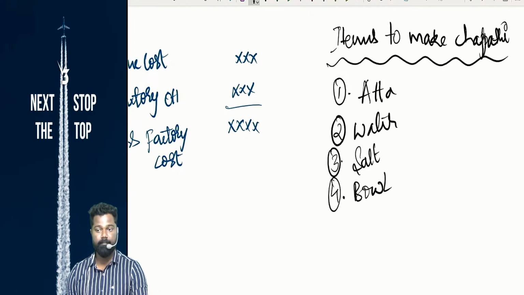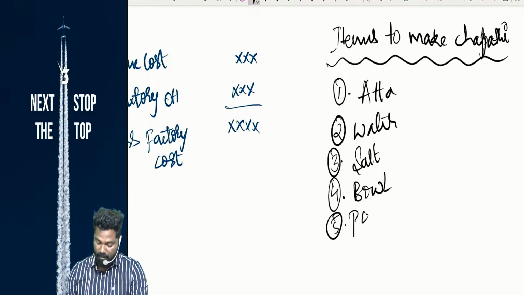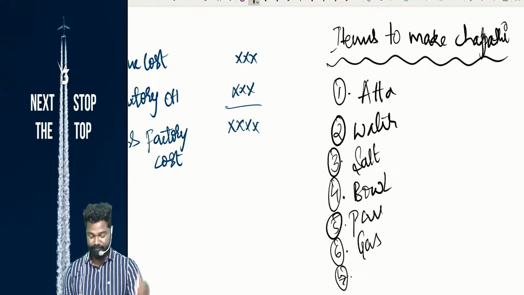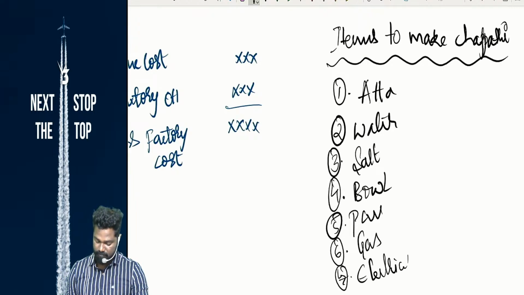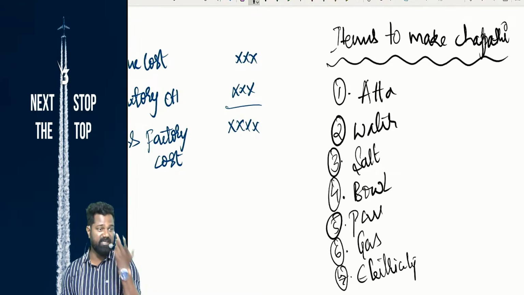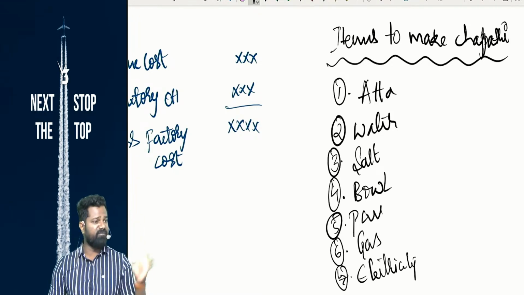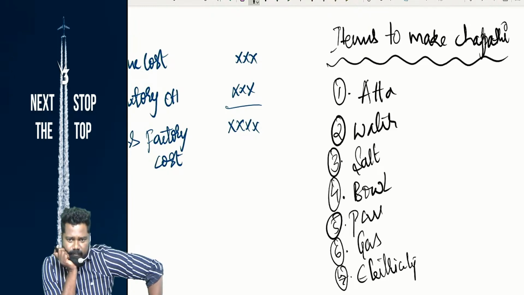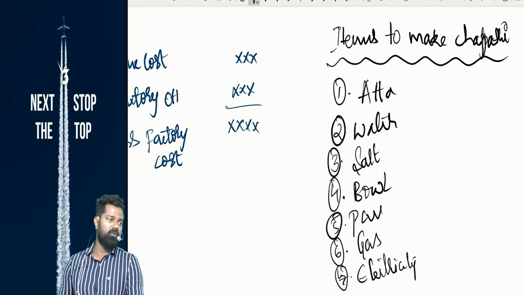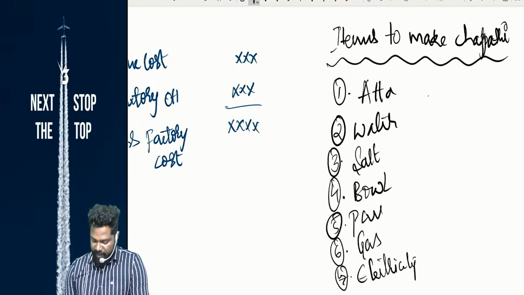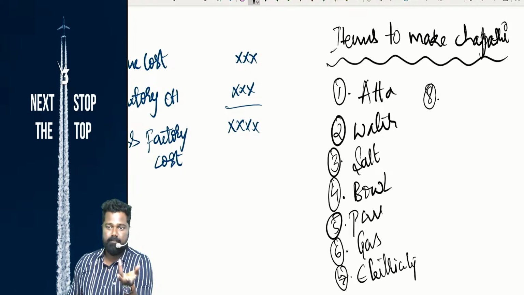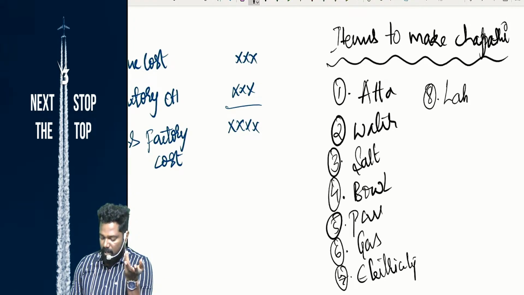Then pan. 6th one is gas. 7th one is electricity. Fan. Oil. Now tell me, aren't all these items sufficient to make chapati? Do we require anything else? Yes, manpower. It means you also need someone who can make chapati. Can I simply call it labor? So I'll call him labor.